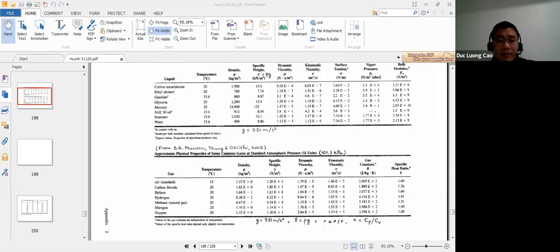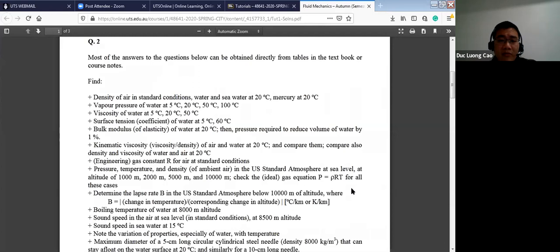Okay, that reminds you of some fundamental knowledge of fluid mechanics. Now, pressure, temperature, and density of ambient air in the U.S. standard atmosphere at sea level and at altitudes of 1,000, 2,000, 5,000, and 10,000 meters.